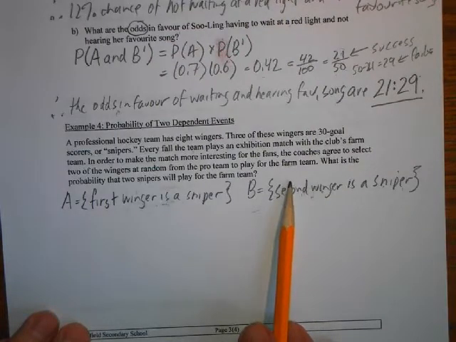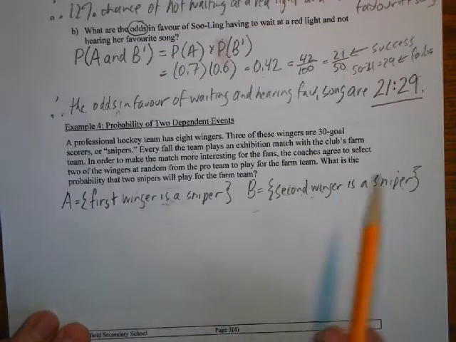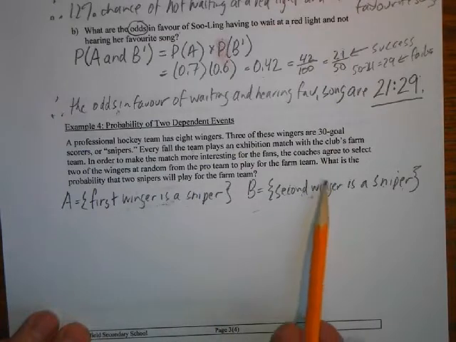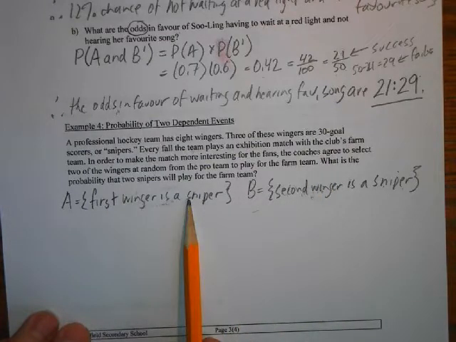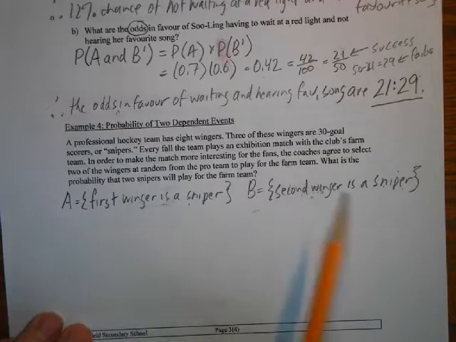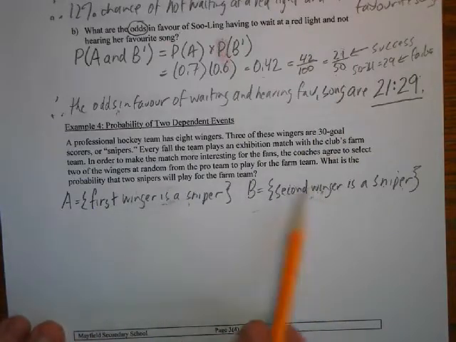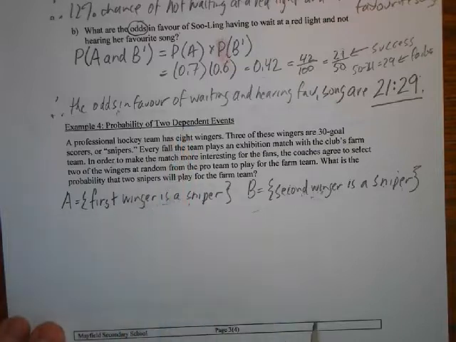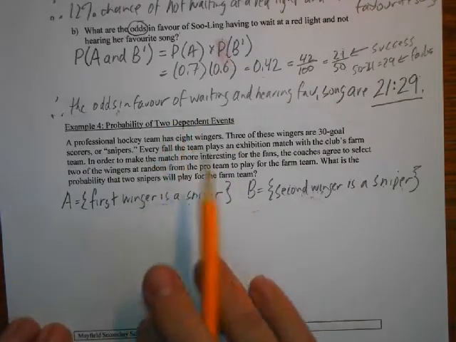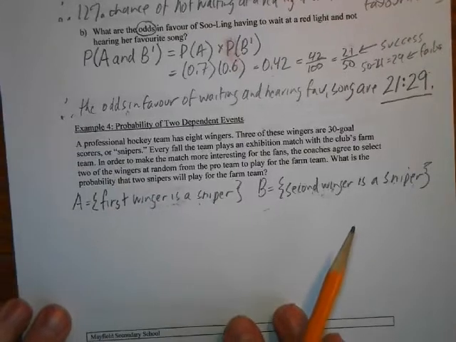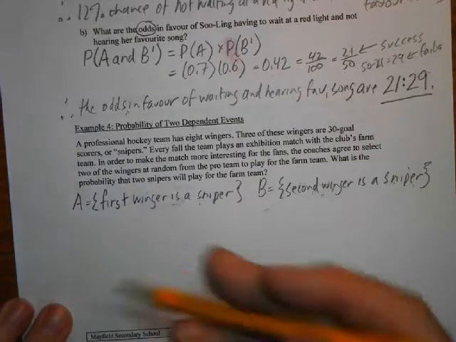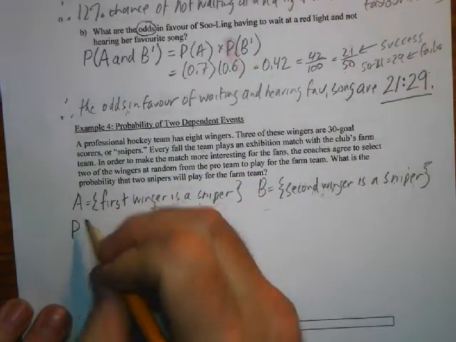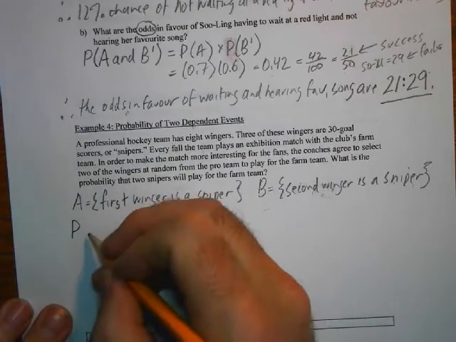It'll be 3 7ths if you didn't pick a sniper first, but it'll be 2 7ths if you did, because you've also got 1 less sniper. So because of the dependency, these are dependent events, which we already knew from the title, but you're going to have to figure that out when you get a question on a test or a homework question.